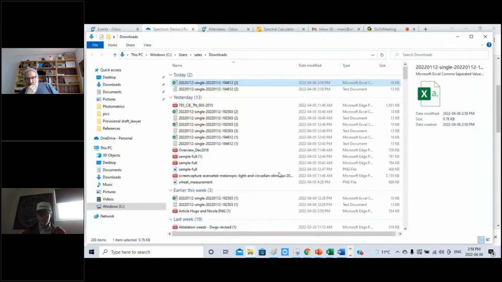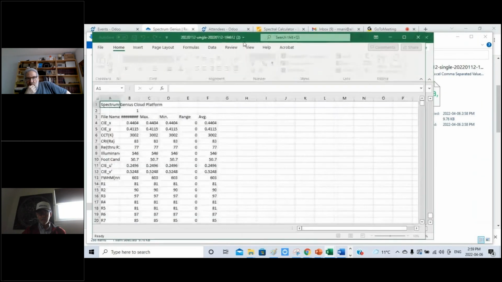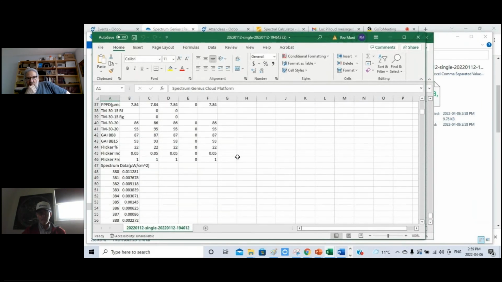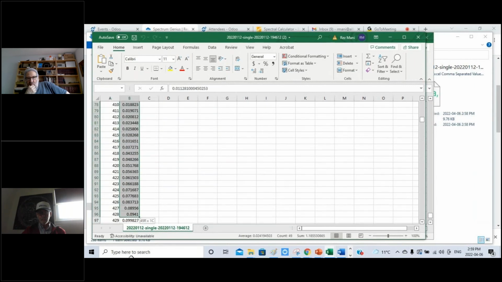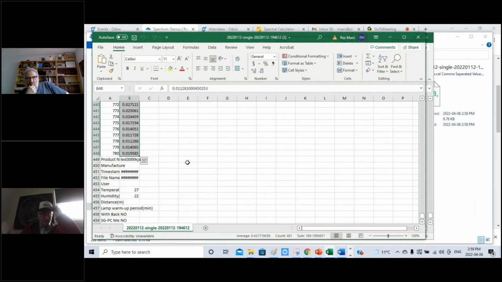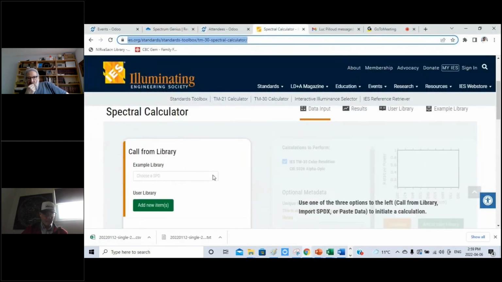So we just look at the CSV file, and this was for one of the LEDs. And then you would basically go ahead and copy all the irradiances here. Control C. Then you go to the spectral calculator.